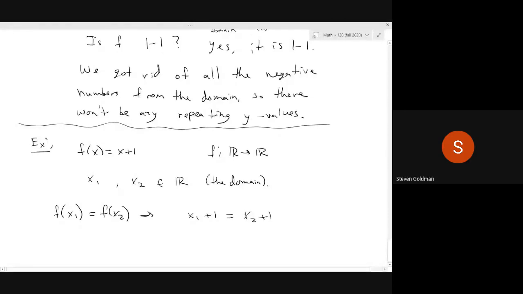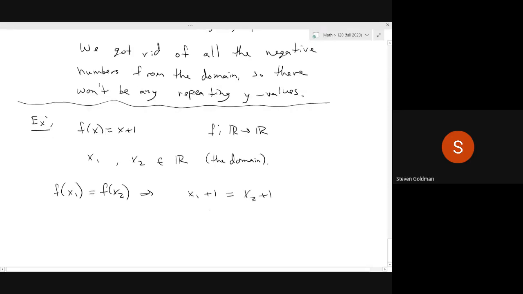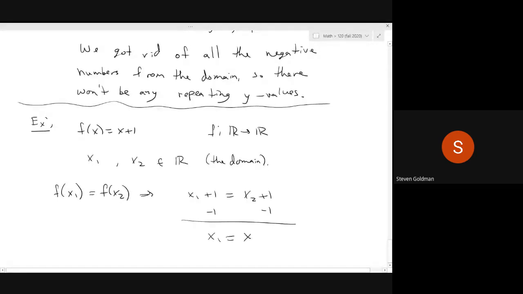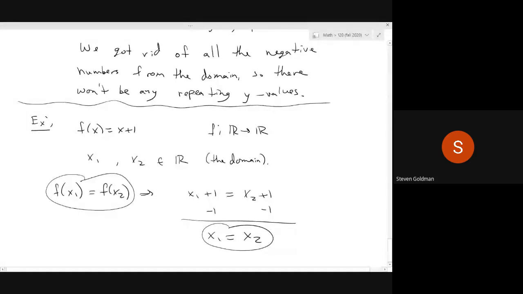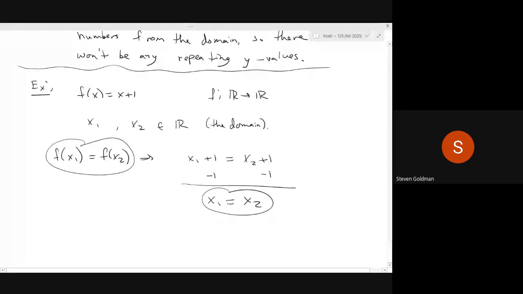So we want to show that if f of x1 equals f of x2, x1 has to equal x2, that the only way that we can have two y values being equal is if the x values are the same. So I'm going to set them equal to each other and solve for the x's. I'm getting rid of the ones, minus 1 on both sides. What do I see? That x1 has to equal x2. So when the y values are the same, the x values have to be the same. That means the function is one-to-one. So yes, f of x equals x plus 1 is one-to-one.